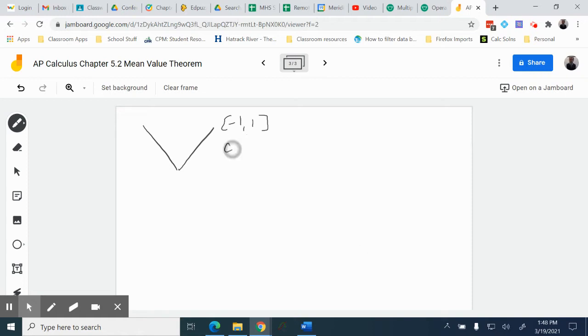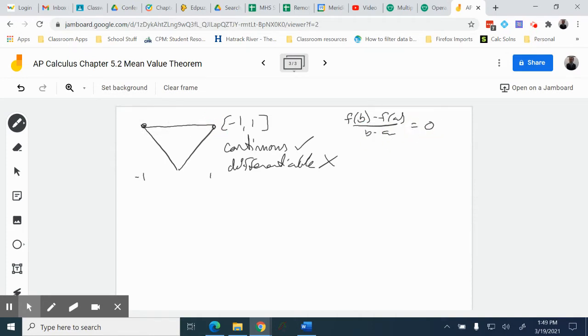This is continuous, check. Differentiable, no. The average rate of change, f of b minus f of a divided by b minus a, is 0 between those two endpoints.